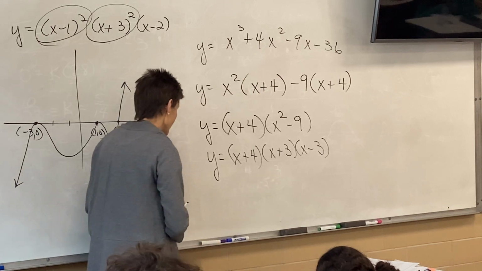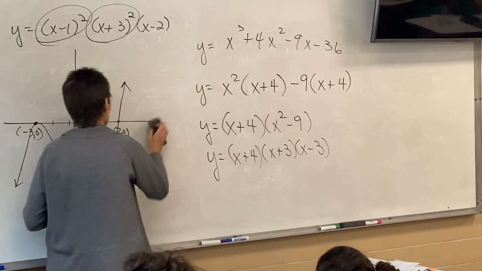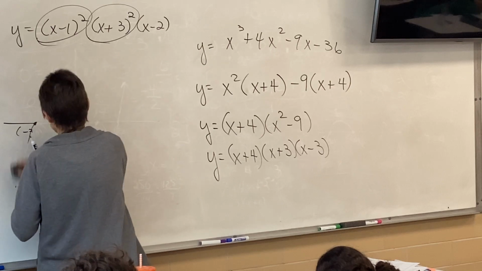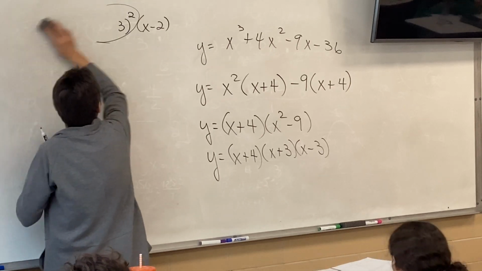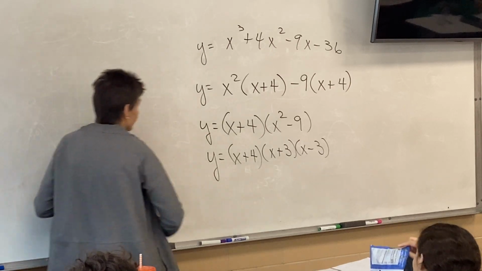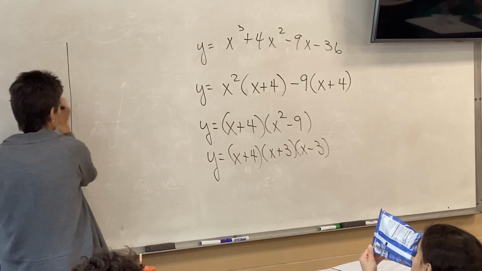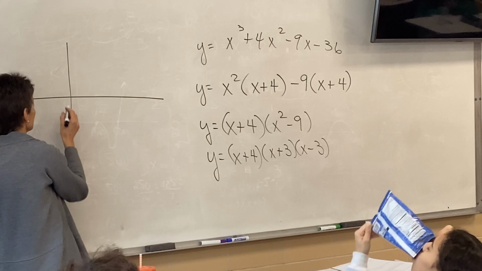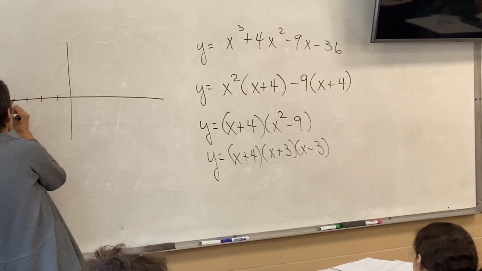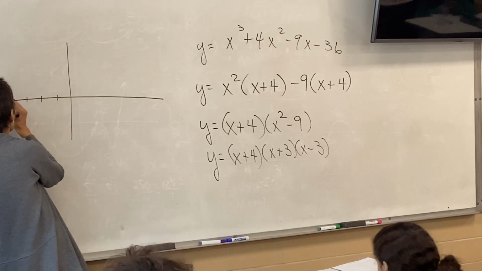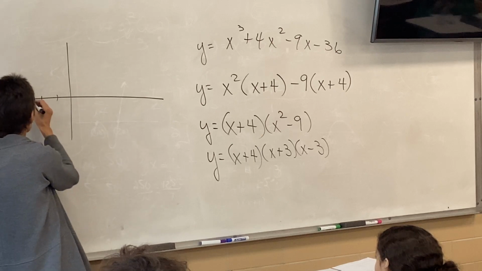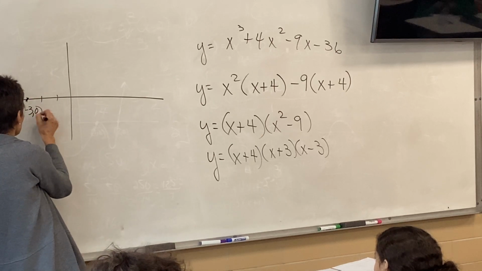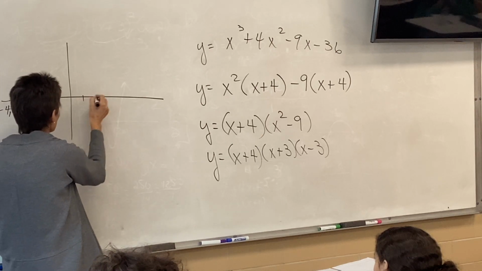You can't graph without those points, and the only way to get those points is to have those factors. So now we've got our factors. Here we go. Where do my points go? -4, -3, and 3.